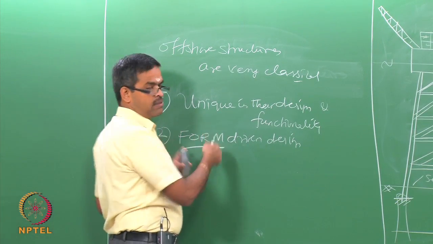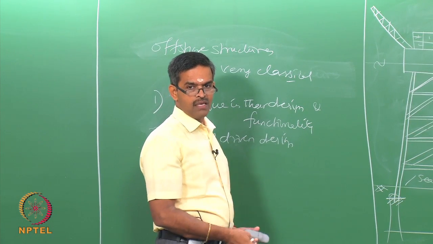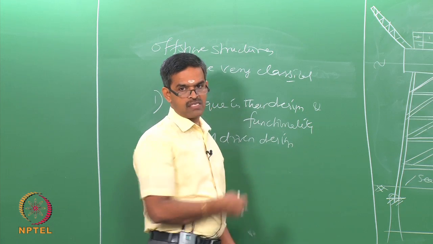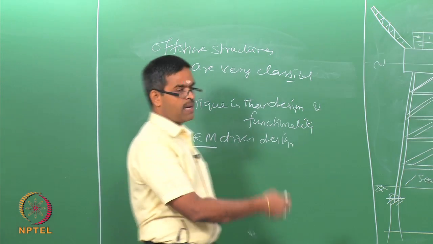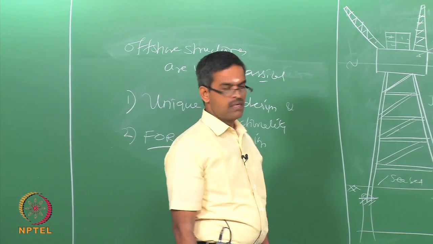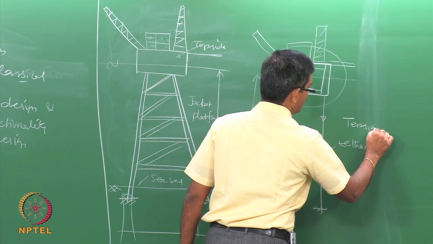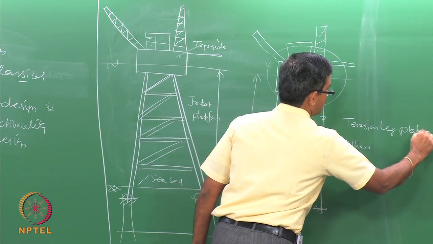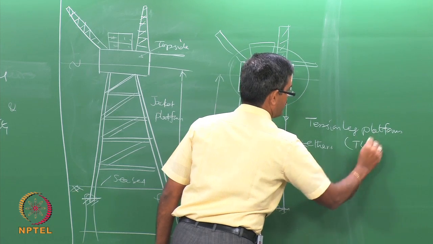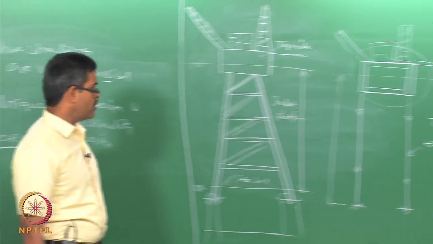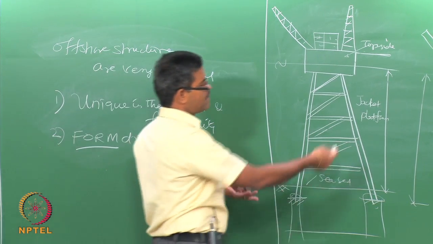No specific geometry will have commonness for their functionality or to resist their external loads. So, therefore, in this example as we just now discussed, tension leg platforms, what you see on the right here, are structurally or geometrically different from that of a jacket platform.